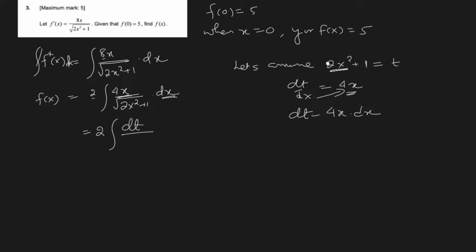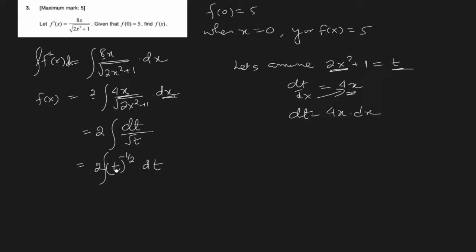And 2x squared plus 1, we have already assumed it as t, so it will be square root t. And now our question changes and we will do it accordingly. So I can write 1 over square root t as t to the power minus half, dt. Right?